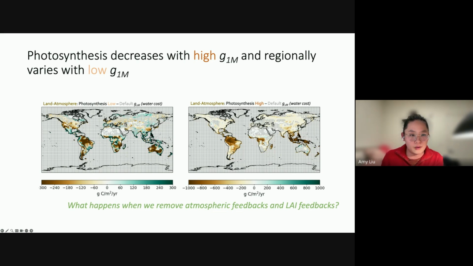For example, if we had a low G1M in the Amazon, then the model would currently be overestimating photosynthesis. Does that make sense?